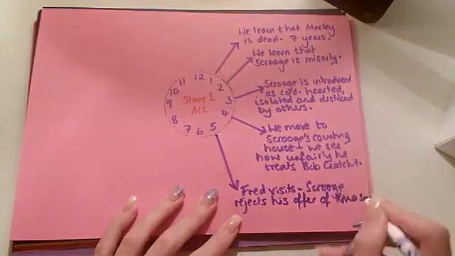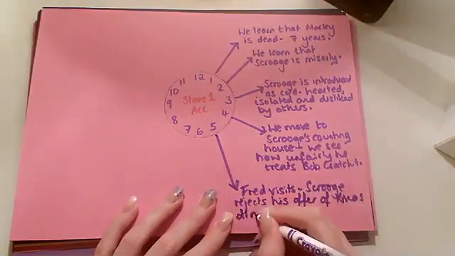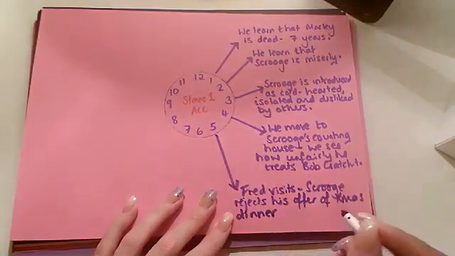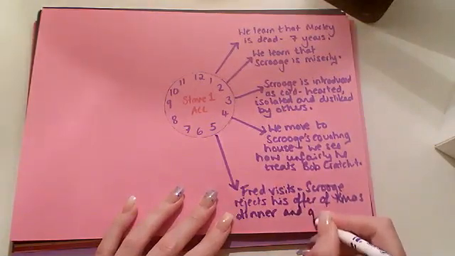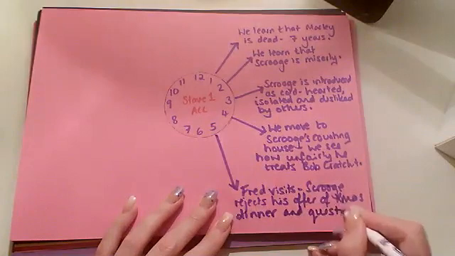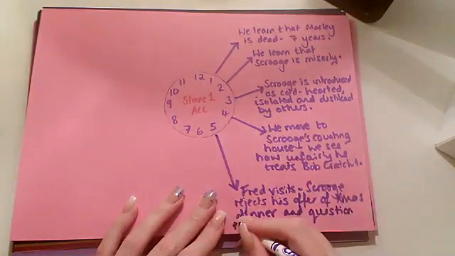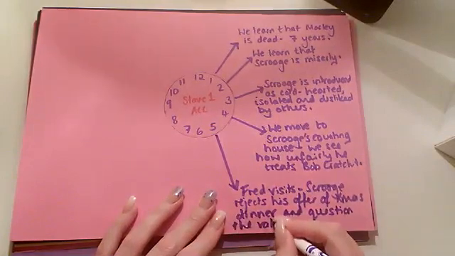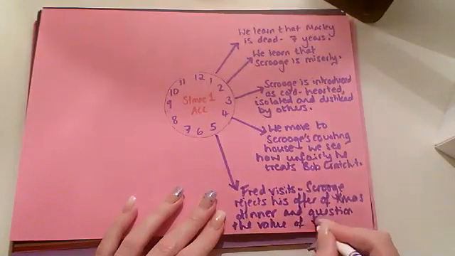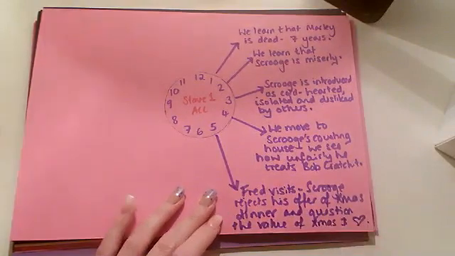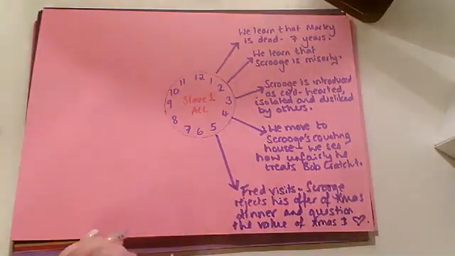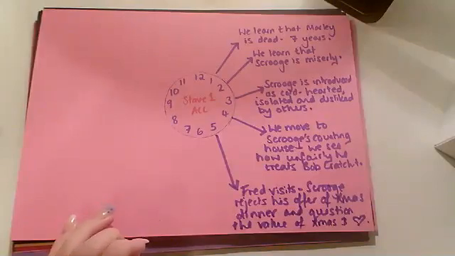I'm just shortening Christmas here because my felt tip is making this bigger than I thought. He rejects his offer of Christmas dinner and questions the value of Christmas and love. Again, I'm just doing a heart because I'm in that little bit of room there. So he questions the value of Christmas and love.